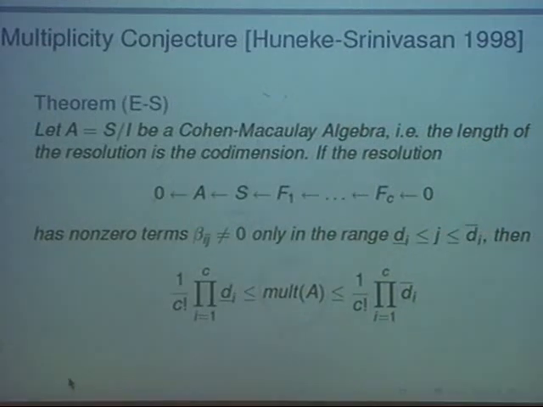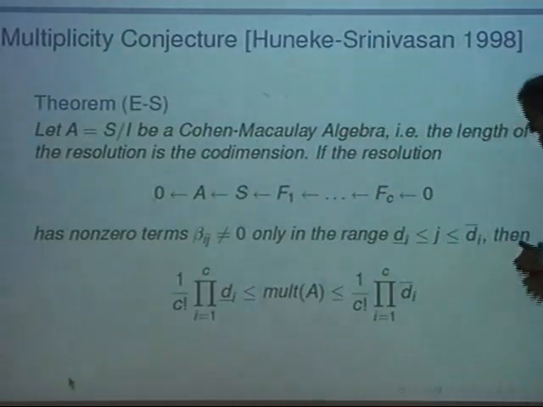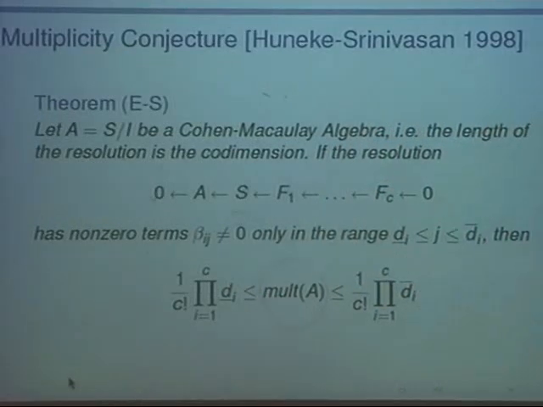Then the conjecture said that the multiplicity is bounded by the product of the lower d_i's and the product of the upper d_i's. Well, there's a factor 1 over c factorial.